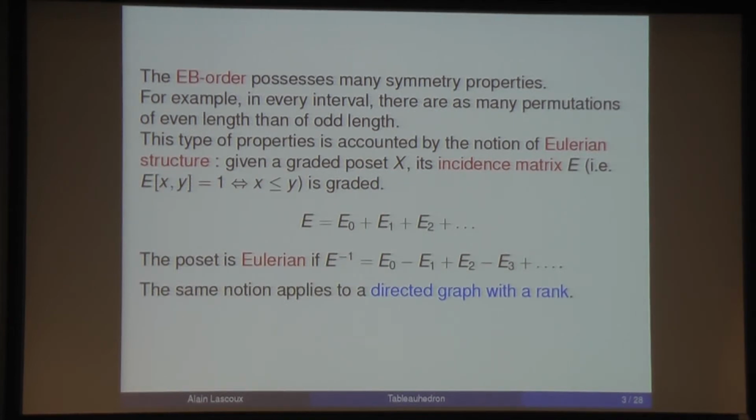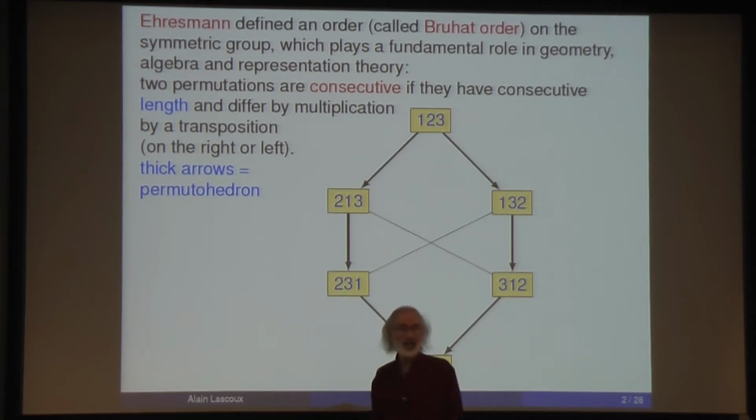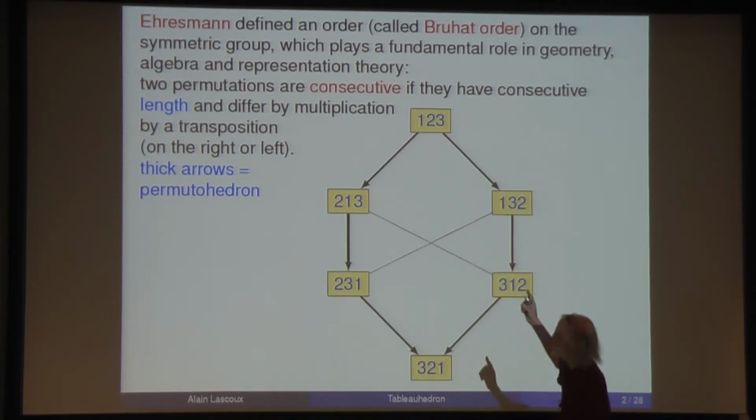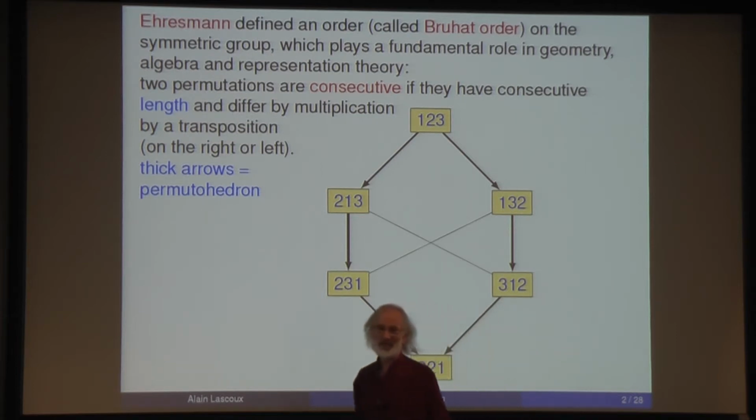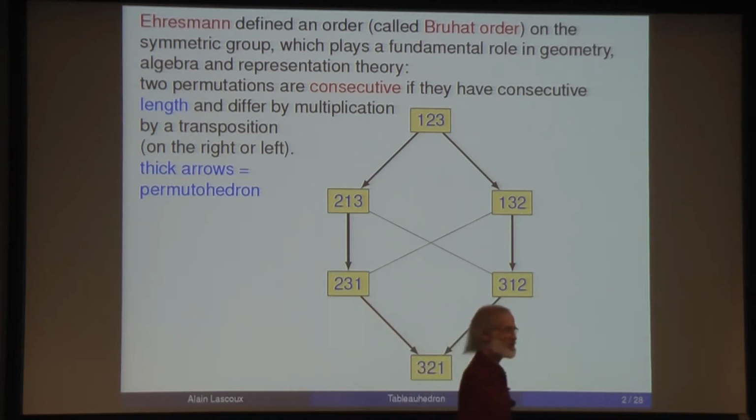So one property that I want to study, that I studied with Schützenberger, is to understand why you have as many permutations of odd length as of even length. So here we count, so we have 1, 2, 2, 1. So it's too symmetrical, but in general, if you take an interval, then apart from the interval which is reduced to a point, you have as many permutations of odd length as of even length.